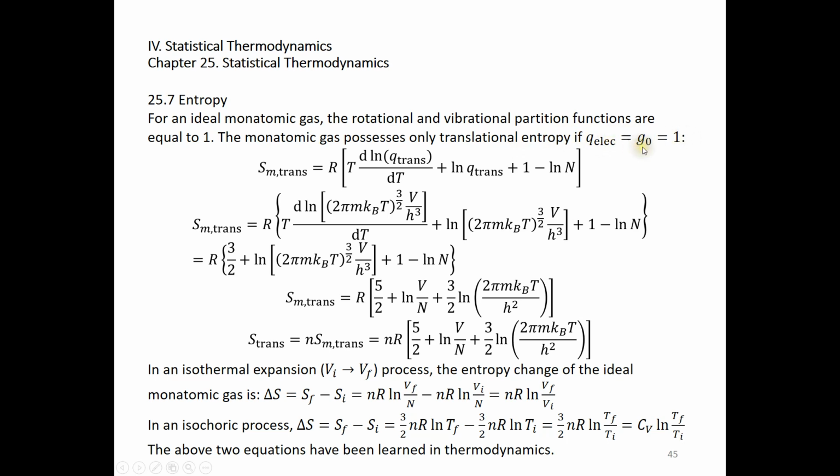So, for example, if you have helium, argon, xenon in the ground state, those atoms have a spin multiplicity of 1. So g0 is just 1. Therefore, the electronic partition function is 1, assuming the energy spacing between the ground and excited electronic energy levels is much greater than kBT. And now we have only translational entropy.